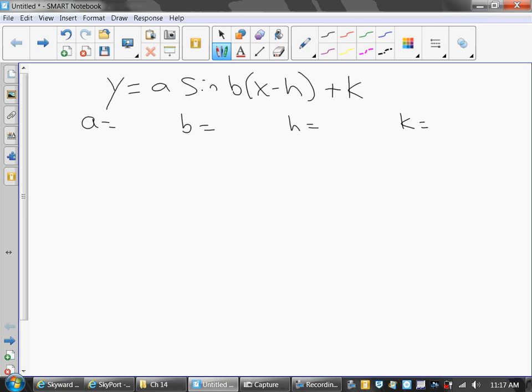Now, what we're going to be doing with this stuff is we're going to take a function. Let's say we have y equals negative 2 sine of 4 times (x minus 2) plus 1. Let's say we've got that basic function to start.